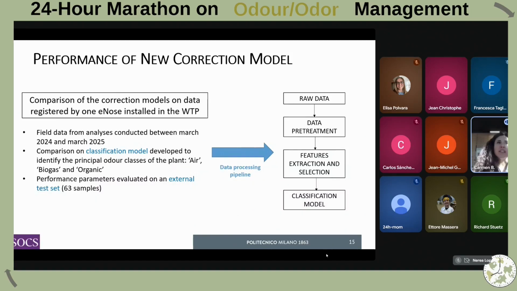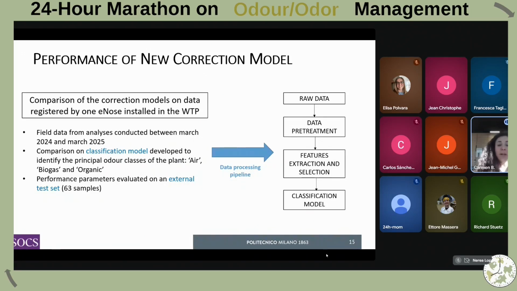In order to evaluate the efficacy of these novel approaches for compensating simultaneously the drift and the changes in the moisture content, we consider the field data acquired by the IOMs over the monitoring period.